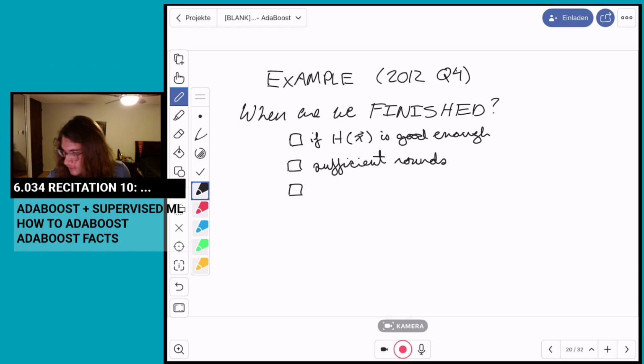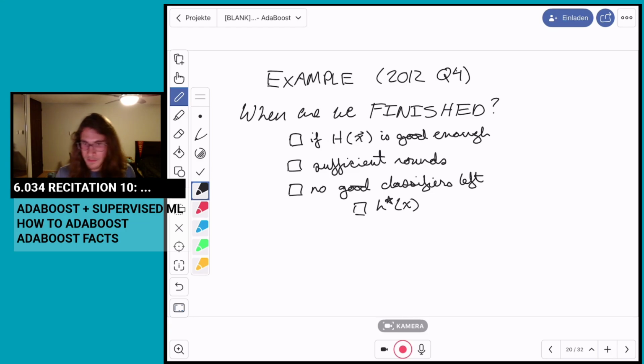And the last one, which is much more significant, is when there are no good classifiers left. What that means is, you're running your algorithm through rounds and rounds, and you haven't reached the limit of rounds that you set for yourself, nor the error rate that you wanted.